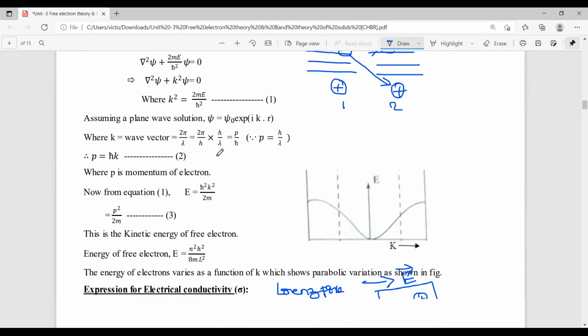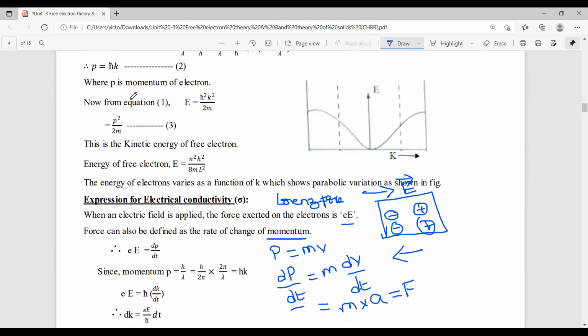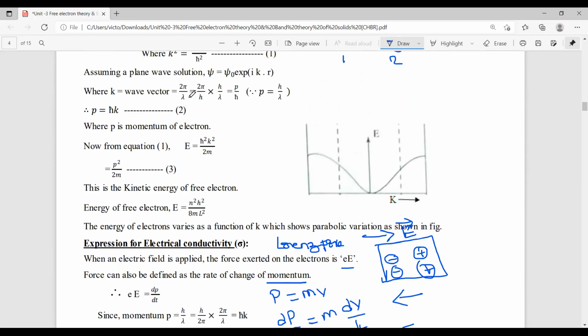We can write P as ħk, where k is the wave vector. k can be written as 2π/λ. Dividing and multiplying by h, h/λ is called P, and 2π/h we can write as ħ.